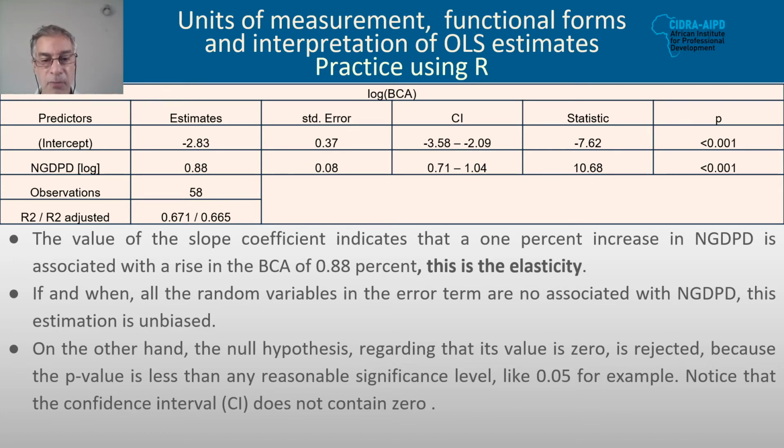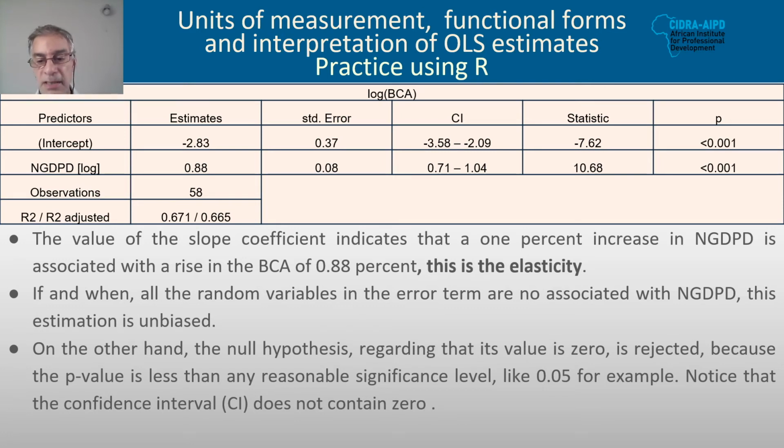And we can say that a 1% increase in NGDPD is associated with an increase in BCA of 0.88%. This is the value of the elasticity, and this is an inelastic relationship because the value is less than 1. If and when, again, all the random variables in the error term are not associated with NGDPD, this is an unbiased estimation.